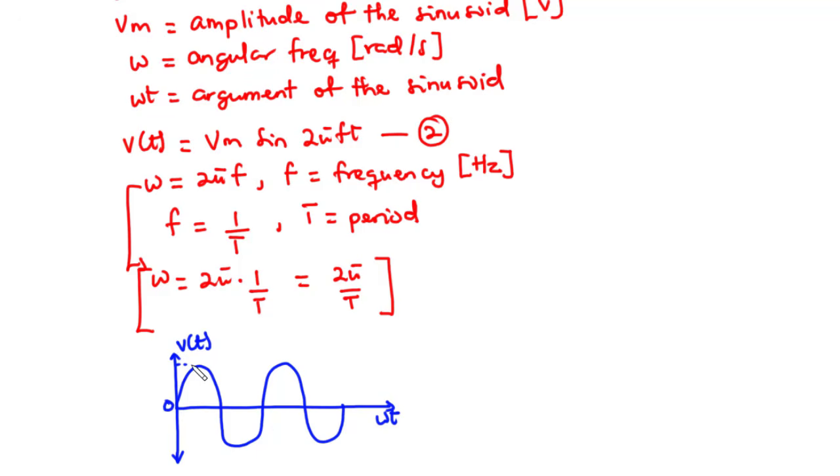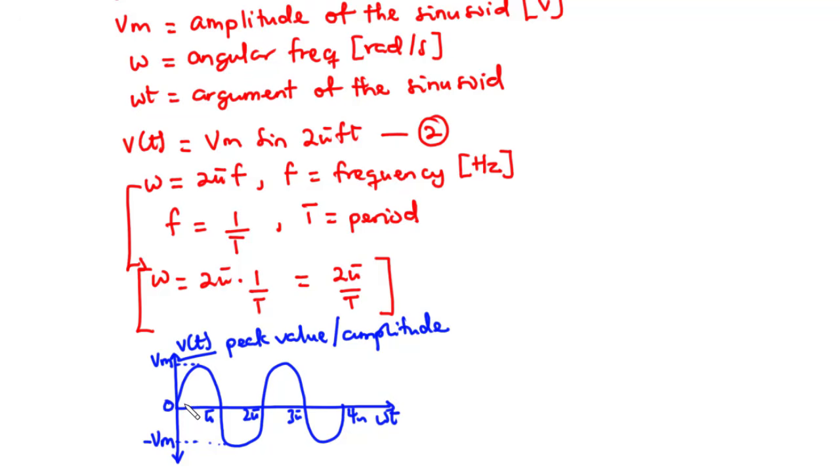And then we have this to be the peak value, or the amplitude, that is Vm. And then we have this also to be negative Vm. Now we call this the positive half cycle, and this is called the negative half cycle. So we have this to be 0, this to be pi, and then 2 pi, 3 pi, and then 4 pi. So as we said earlier on, Vm is called the peak value, or the amplitude.